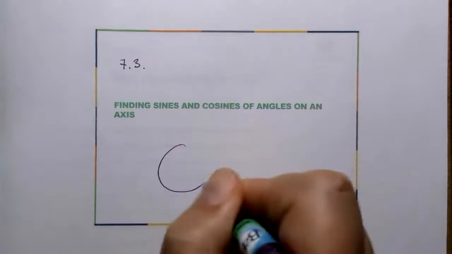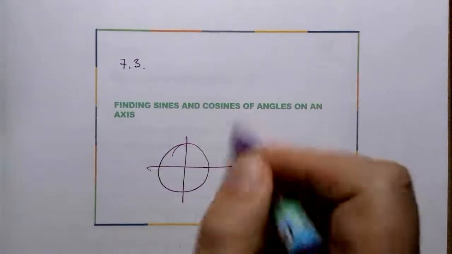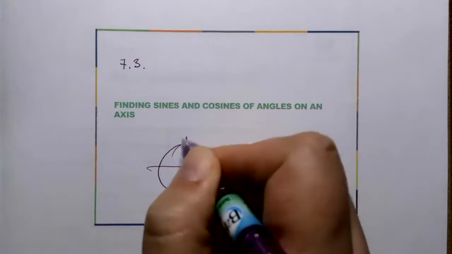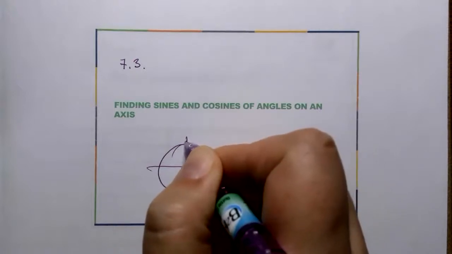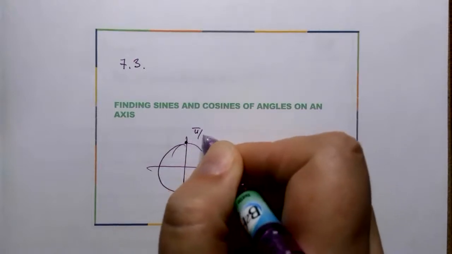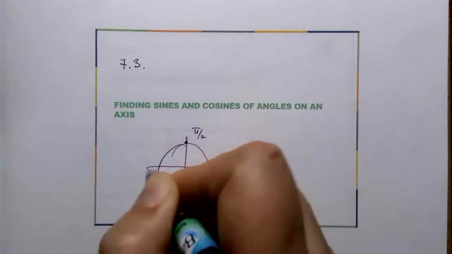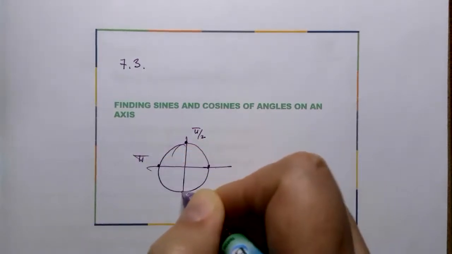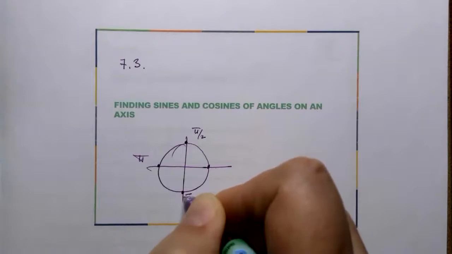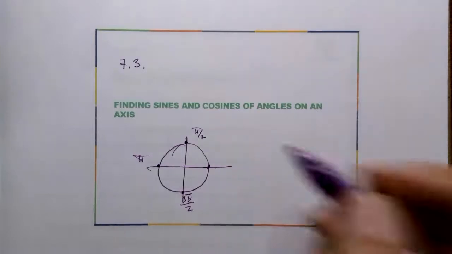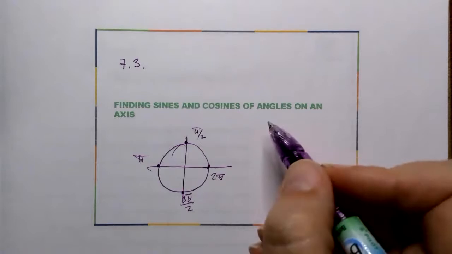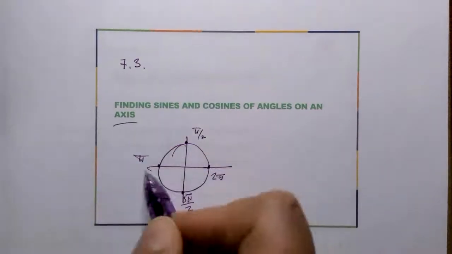So basically it's the angles 0 degrees or 0 pi, 90 degrees or pi over 2, 180 degrees or pi, or 270 degrees or 3 pi over 2, and 2 pi. So these are the angles on axes.